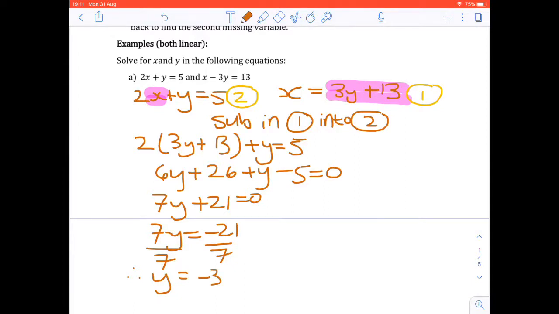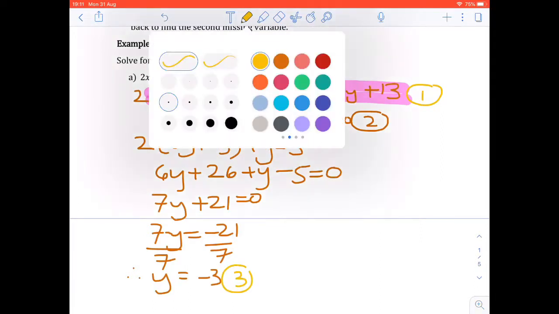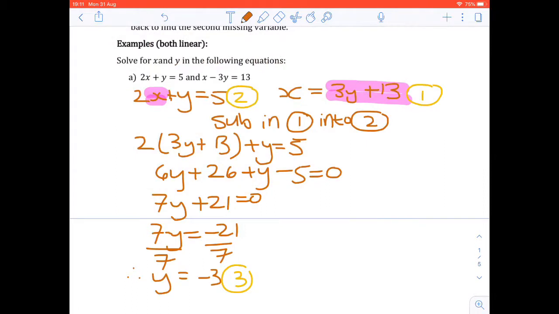Now that is going to be equation 3. And then we want to get the x value. So we can say sub 3 into 1. What I'm doing now is substituting in negative 3 for y into equation 1 to get the x value.